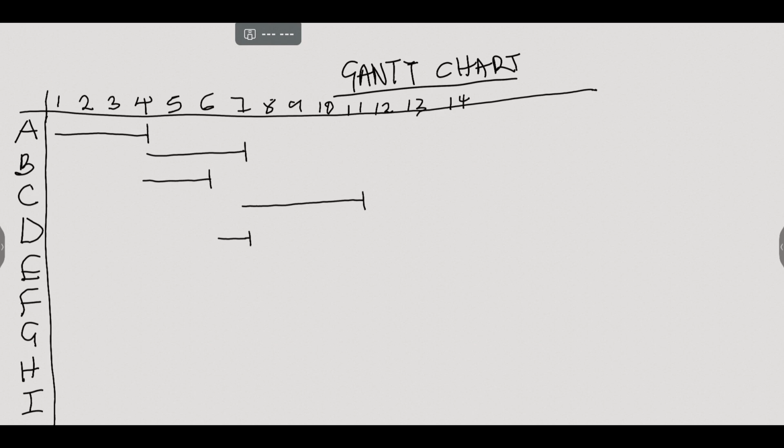We will take the one with the latest finishing time, because even if E is completed, F cannot start until D is done, and that is after 11 weeks. So we are starting F from the 11th week, and F has a duration of 4 weeks. So we can increase the number on our x-axis, which is 15, 16, 17, 18, 19, 20, 21, 22.